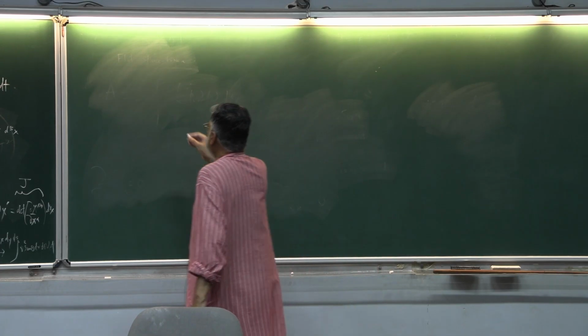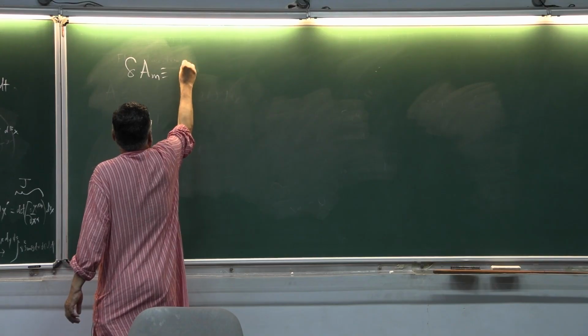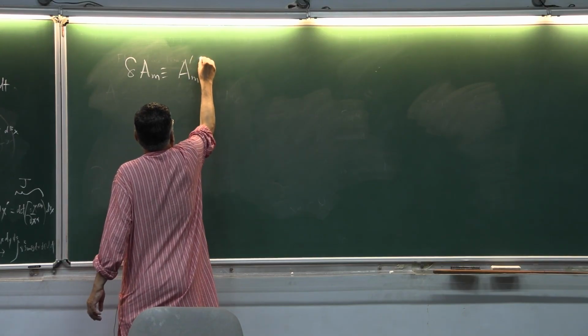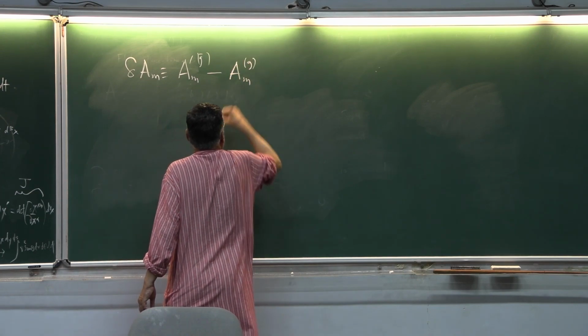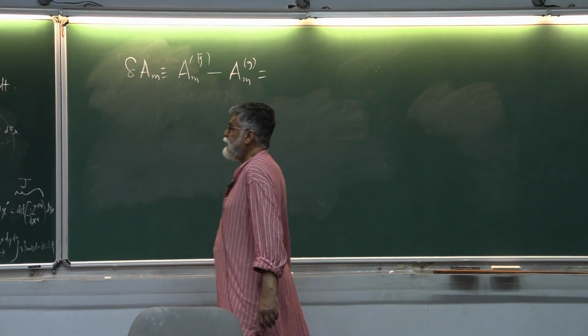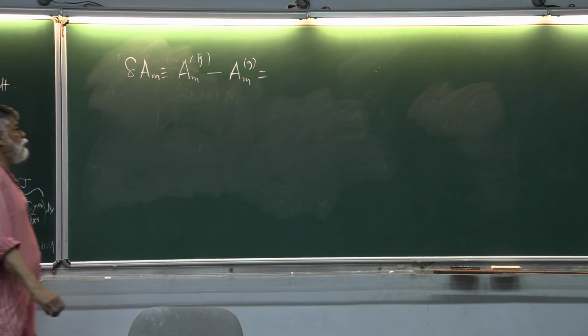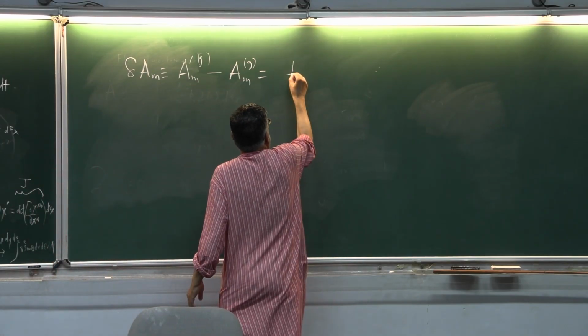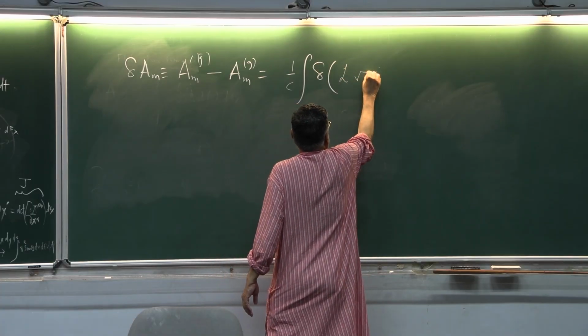You say, therefore, what is the variation in the action A m, which by definition is A m prime, which is with metric g bar, minus A m, which is with metric g. And if you look at this, there is no coordinate transformation, d4x is the same, the change will only come from this, and therefore this is the same as 1 over c integral variation in L root minus g.